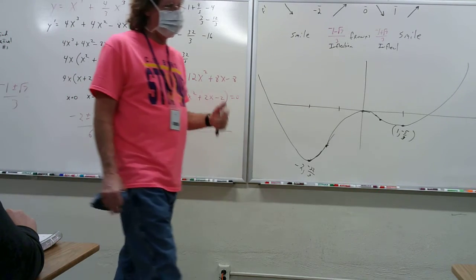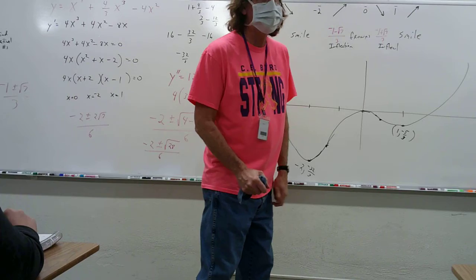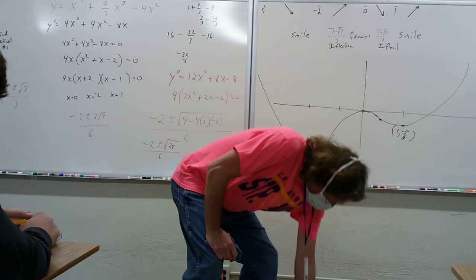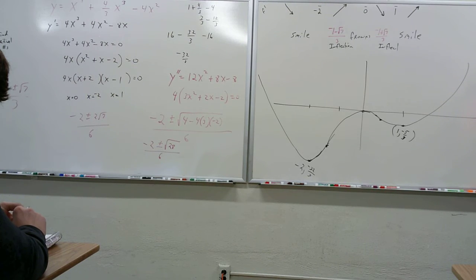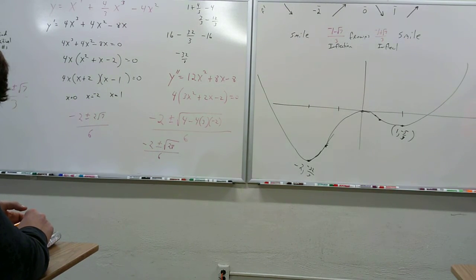Tomorrow, I'll do a nasty graph. All right? Tomorrow, we'll graph something. I'll show you how this works if it's not pretty like that. I got one here we're going to do. It's one of the ones where if you don't do the second derivative test, you'll get it wrong.